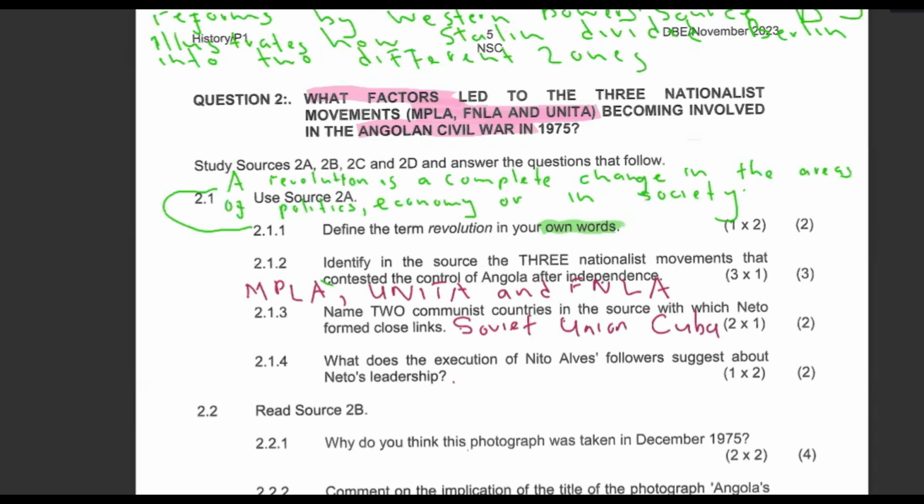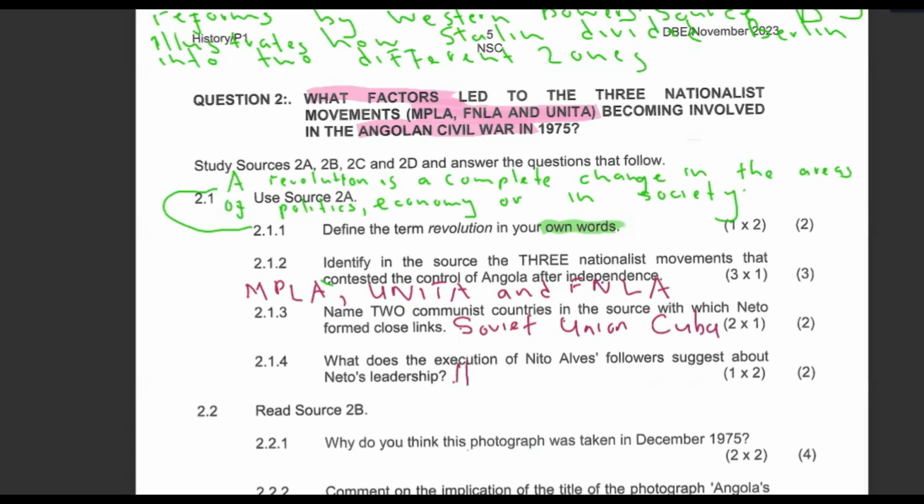Here, there are so many words which you can use to describe the leadership of Neto. You can say that he was a ruthless leader. It shows that he did not show mercy.